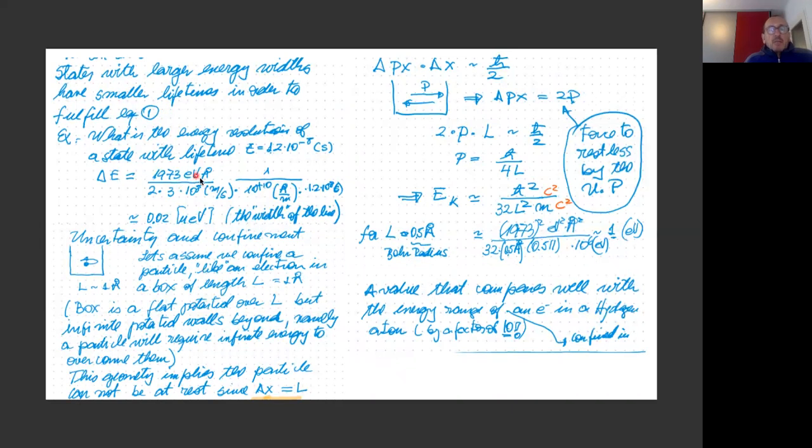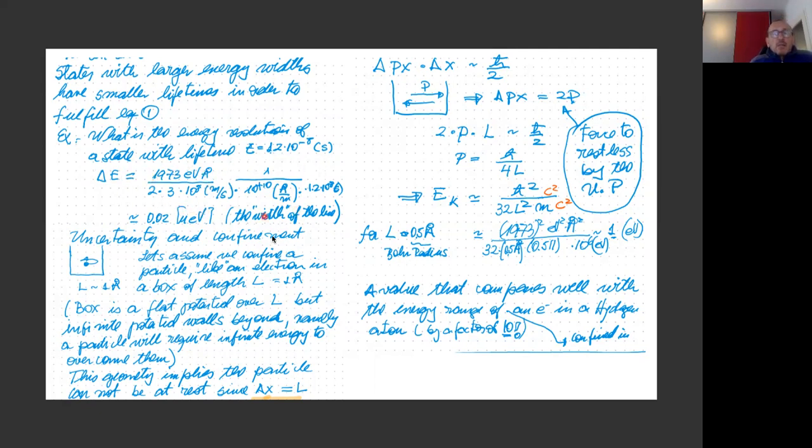Here I have an example. I don't want to go into the details, but essentially, if you have a lifetime of, let's say, 1.2 times 10 to the minus 8, which is the characteristic lifetime of a state that is used for generating a laser, that implies a width of the line associated with that state.